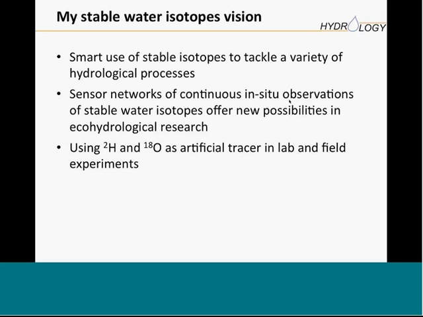I especially believe that sensor networks of continuous in-situ observation of stable water isotopes in the unsaturated and saturated zone can offer really new possibilities in eco-hydrological research, plant research, and soil physical research. And using deuterium and oxygen-18 as artificial tracers in lab and field experiments also will have much more potential in future, since we now have those continuous observations in the soil possible.